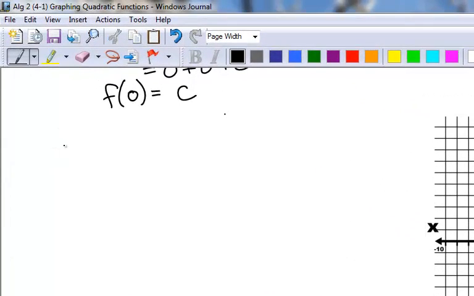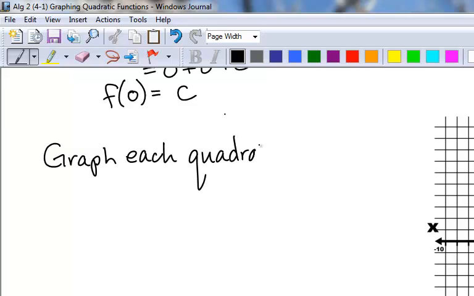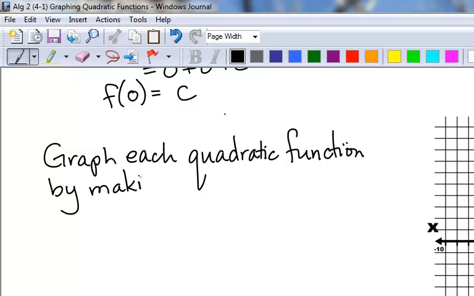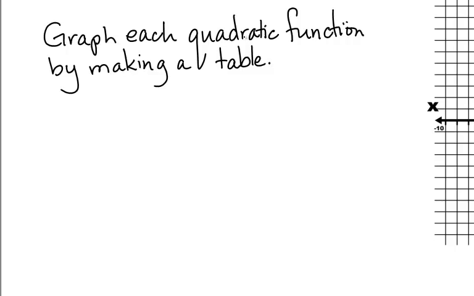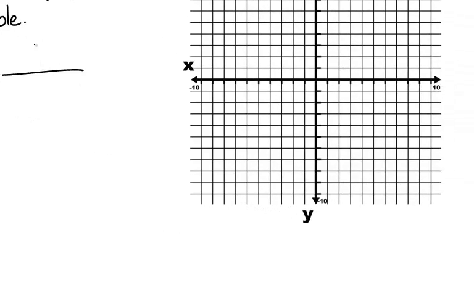Say they will give you the directions to graph each quadratic function by making a table. Okay, and they give you f of x equals x squared.